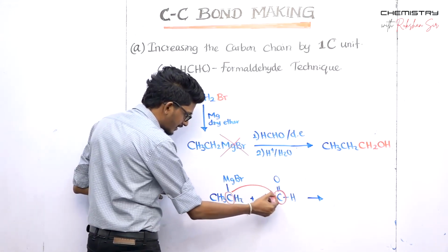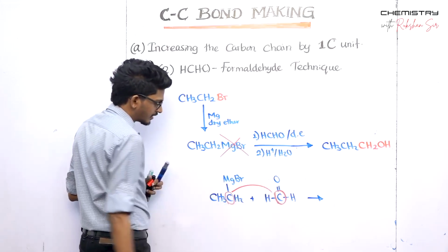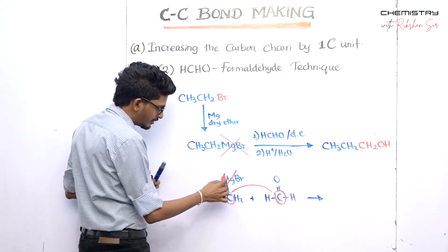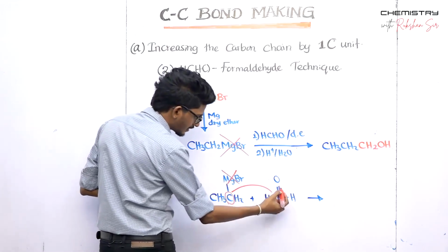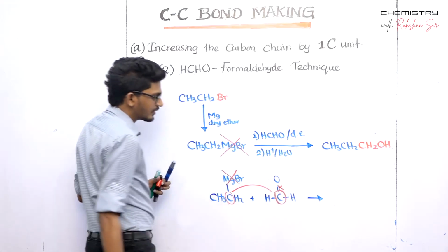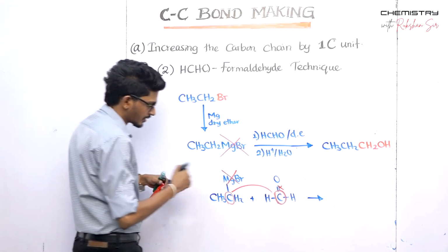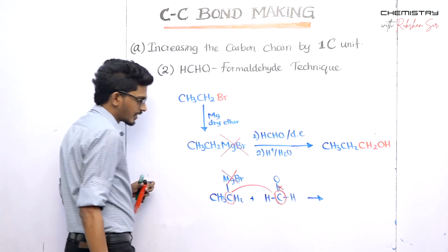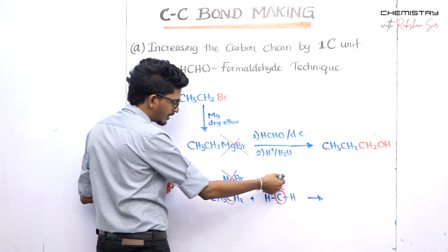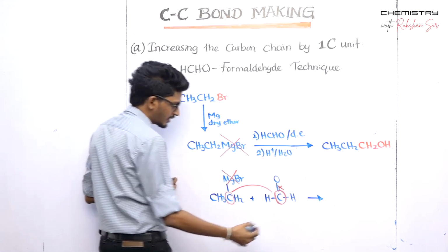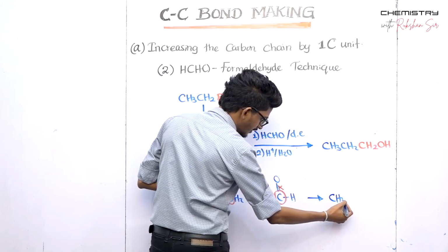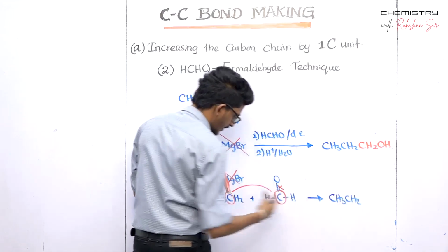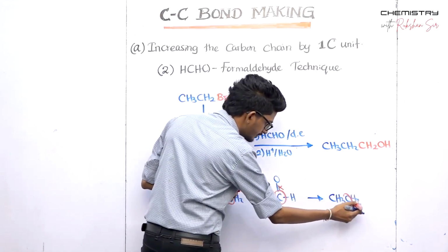These two will connect, leaving the MgBr and leaving this pi bond. And with H plus H2O, this will become an OH. Let's write it. You have CH3CH2, this is your Grignard carbon.